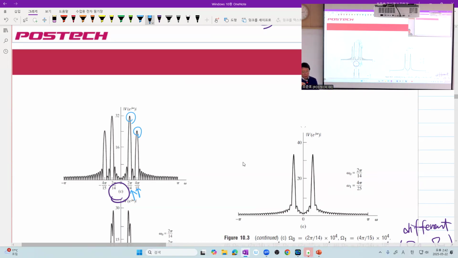And you want to resolve these targets. The problem is that sometimes you sacrifice the accuracy in your speed. So they introduced a lot of different kinds of window functions too. And so-called side lobe suppression is one of the most important old signal processing problems in radar signal processing.